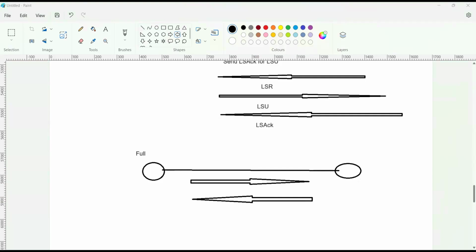Fine. Now we move to the types of LSAs. I'm just giving a brief introduction. Before that, the types of routers we have in OSPF.